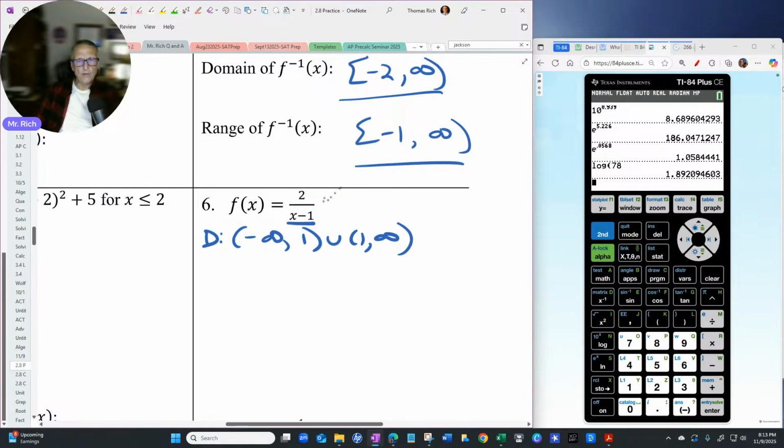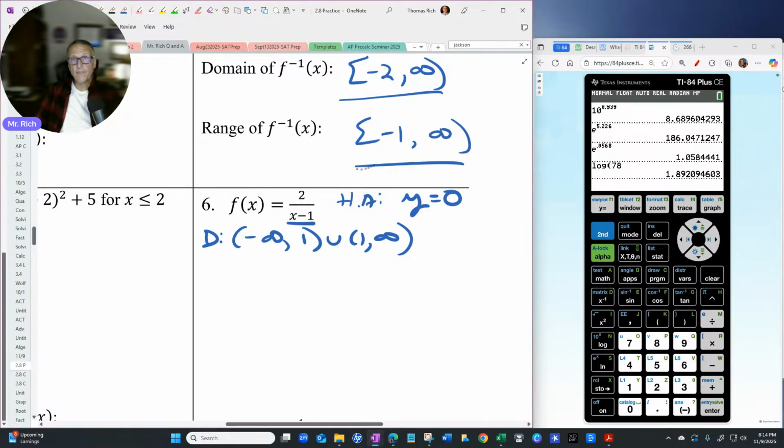Now, the other thing that we know about this rational function is it does have a horizontal asymptote. That horizontal asymptote is going to be at y equals 0. How do I know that? Because the degree on the bottom is bigger than the degree on the top, right? The degree on the top is x to the 0. It's got a 0 degree on the top, first degree on the bottom.